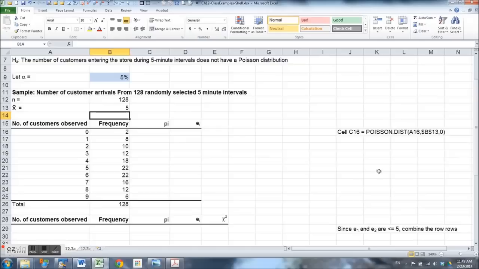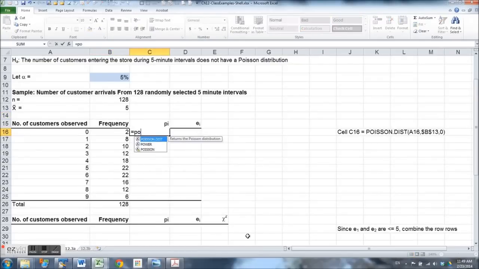Now we can use this X bar in the POISSON.DIST function to find the Poisson probability. POISSON.DIST for x equal to 0, comma, X bar from that cell, which should be absolute referenced.